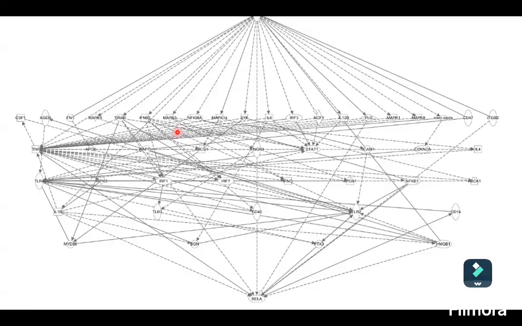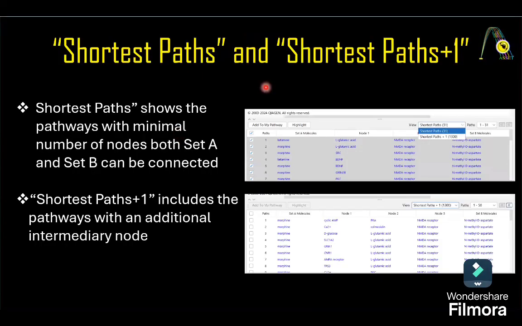Okay. We also discussed the shortest paths and shortest paths plus one. Like I mentioned prior, the shortest paths is the least number of nodes that can connect two molecules, slash nodes, to one another. And this is specifically in the Path Explorer function. So in the Path Explorer, you basically see all the relationships between one node and another node, right?